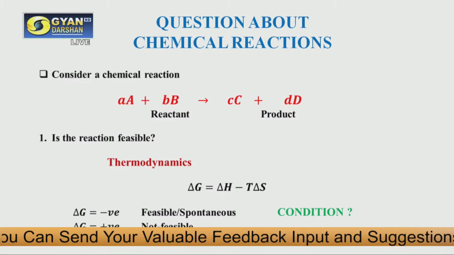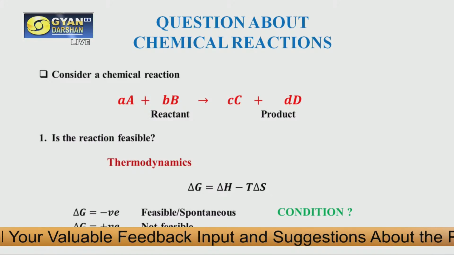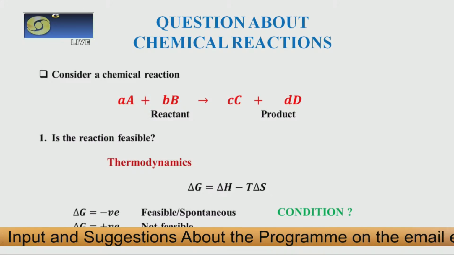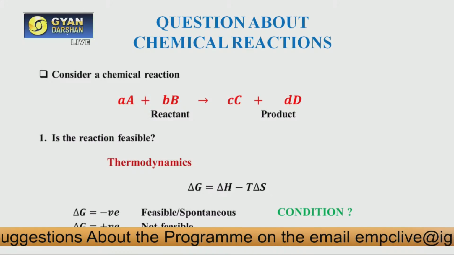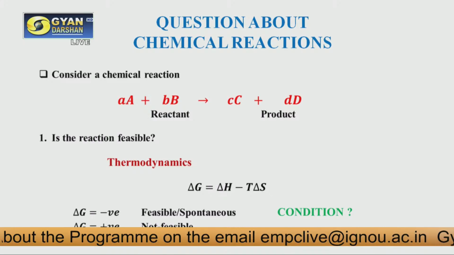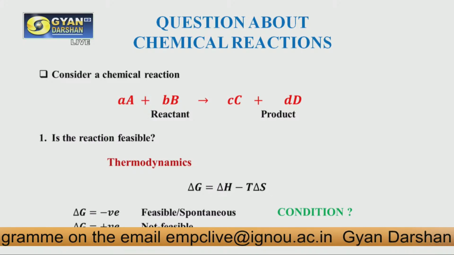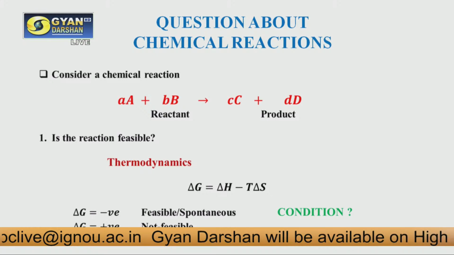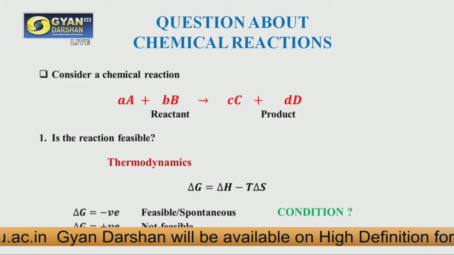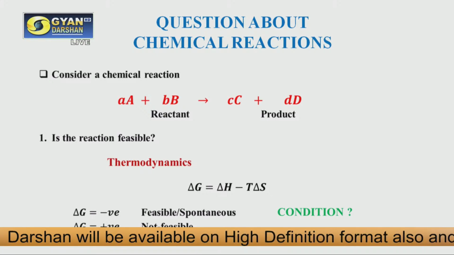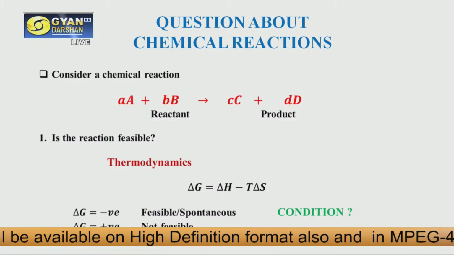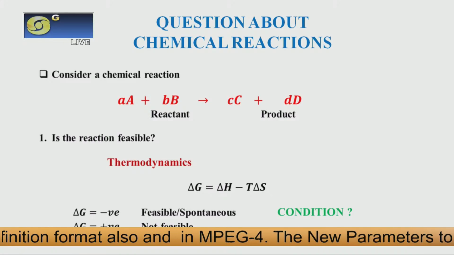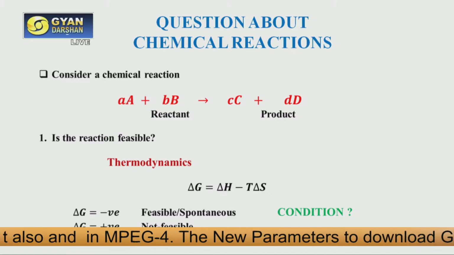Delta G is equal to delta H minus T delta S, where delta H is the enthalpy, T is the temperature, and delta S is the change in entropy. If delta G is to be negative, either the T delta S term dominates, or delta H dominates; if the enthalpy is negative, then delta G will obviously become negative and the reaction is feasible.